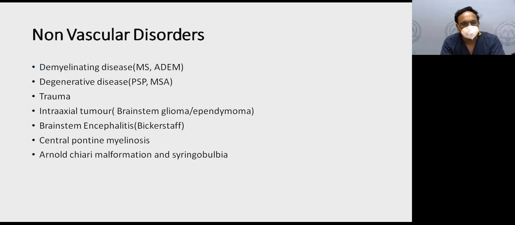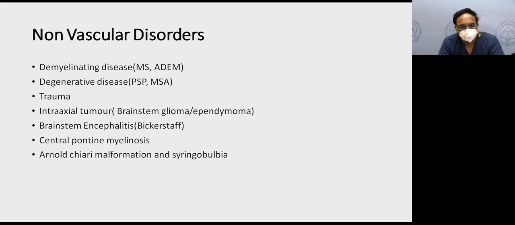Other non-vascular etiologies causing brainstem disease are demyelinating, which mostly we deal with as multiple sclerosis, ADEM and NMO, neuromyelitis optica; degenerative diseases like progressive supranuclear palsy and multi-system atrophy; trauma; tumors like brainstem glioma; brainstem encephalitis like Bickerstaff encephalitis; central pontine myelinolysis; and Arnold-Chiari malformation, syringobulbia. So all the etiology mainly depends upon the localization and the temporal profile.